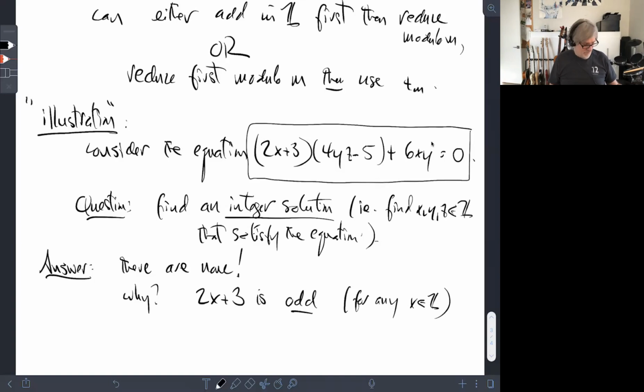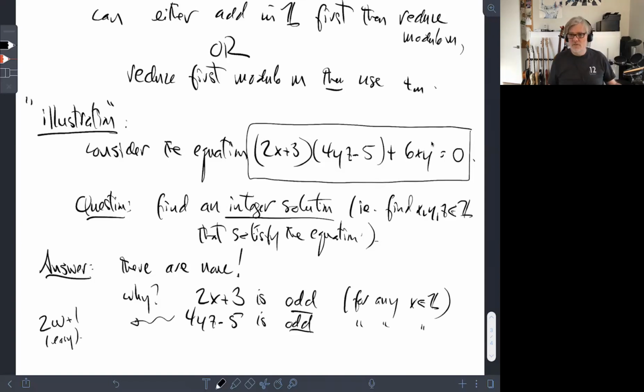What about 4yz minus 5? This is also always odd. Whatever you plug in for y and z, this is odd. If you're not sure about that, rewrite it, right? So this is 4yz minus 4 minus 1, or you can rewrite it as 2 times w plus 1, easy.